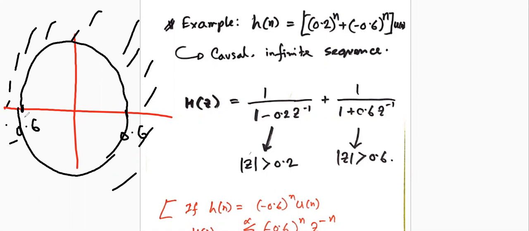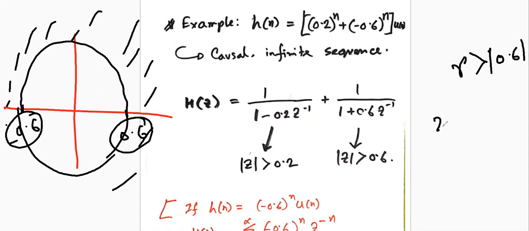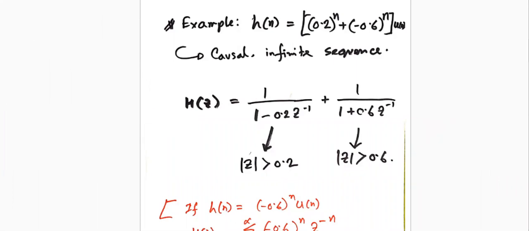Whether this is a negative minus 0.6 or positive 0.6, they actually make the same thing, because this r value should be greater than the modulus of that number, 0.6. So the modulus of z should be greater than 0.6. Whether this is positive or negative doesn't matter, because we need more than 0.6. So here we have found that this is the ROC from this expression.